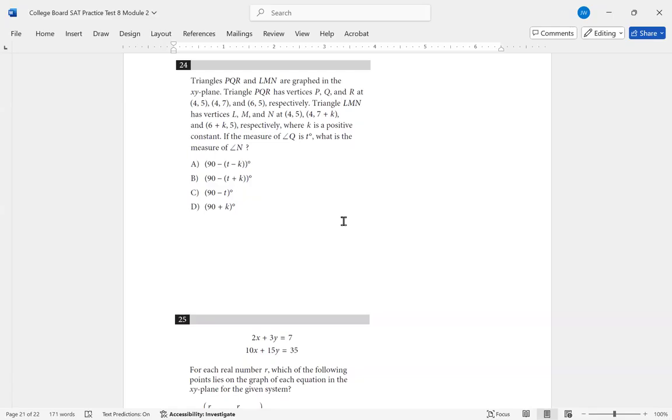Triangle LMN has vertices L, M, and N at (4, 5), (4, 7 plus k), and (6 plus k, 5), respectively, where k is a positive constant. If the measure of angle Q is t degrees, what is the measure of angle N?